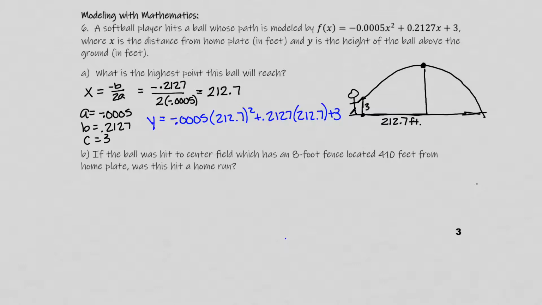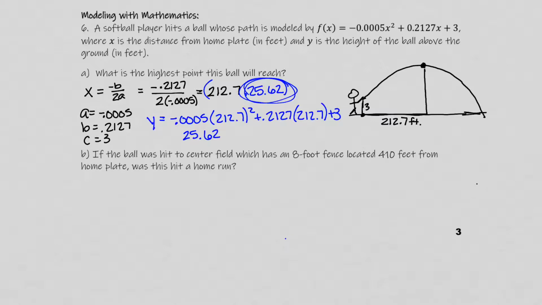Just type all that in your calculator, and you should get 25.62. So the point that we get, the x and y values, are that. So the highest it goes is 25.62 feet.